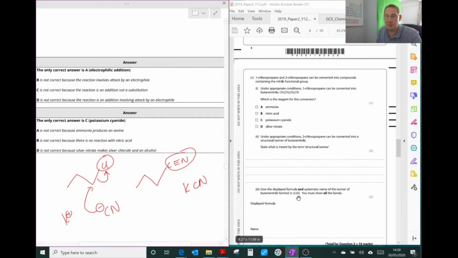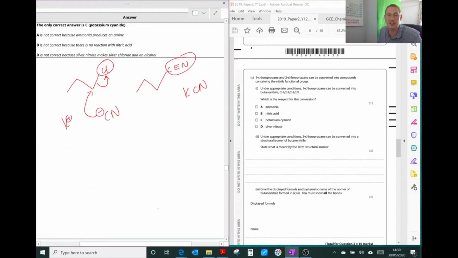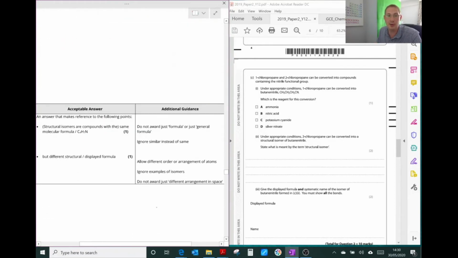What is meant by a structural isomer? Well, a structural isomer is when you've got the same atoms, the same number of atoms, the same type of atoms, but they are arranged differently. So an answer that makes reference to the following point: they've got the same molecular formula.